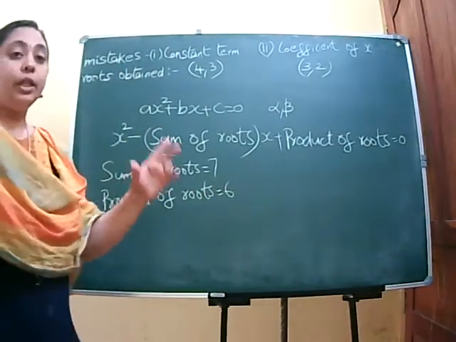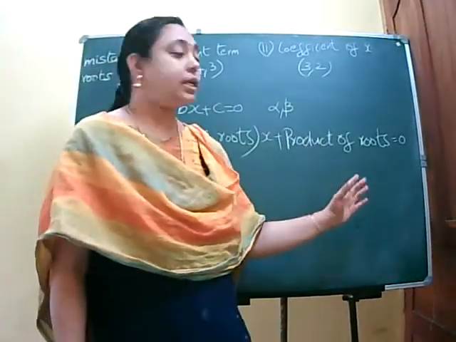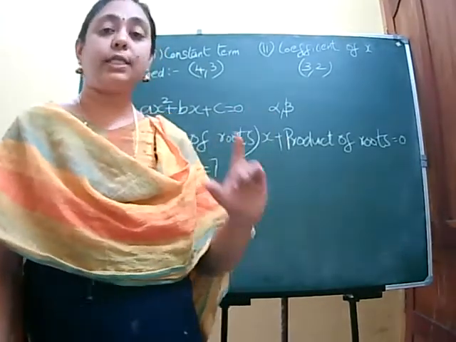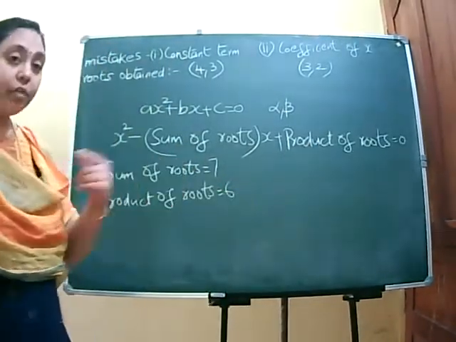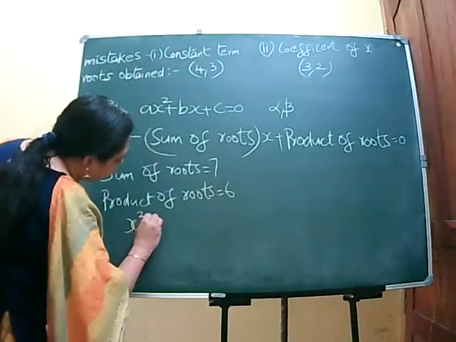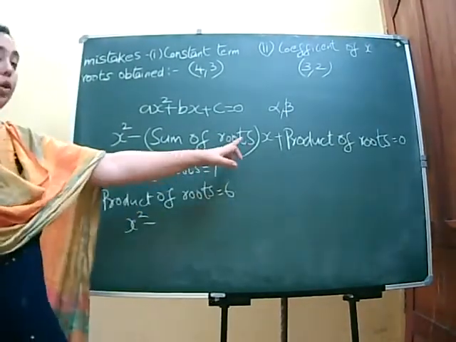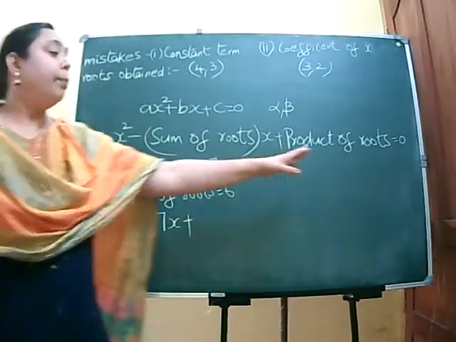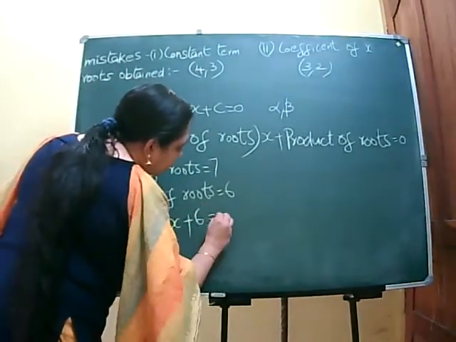We have the quadratic equation whose sum and product of the roots are given: x square minus sum of the roots into x plus product of the roots is equal to 0. So our required equation is x square minus sum of the roots 7 into x plus product of the roots 6 is equal to 0.